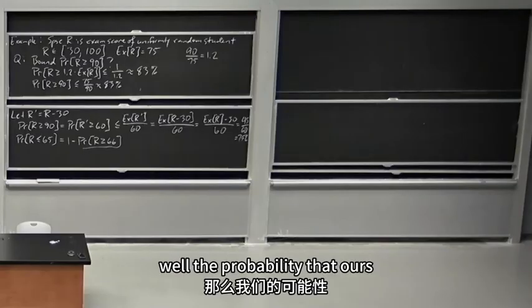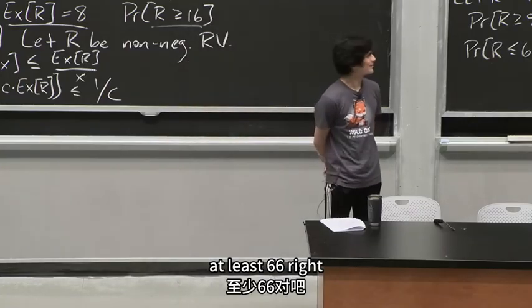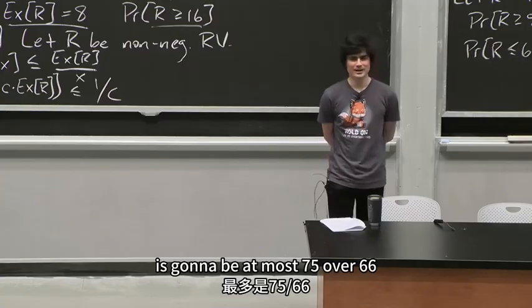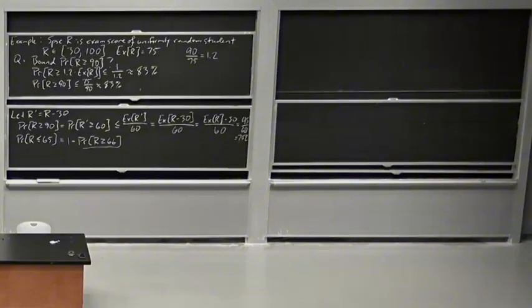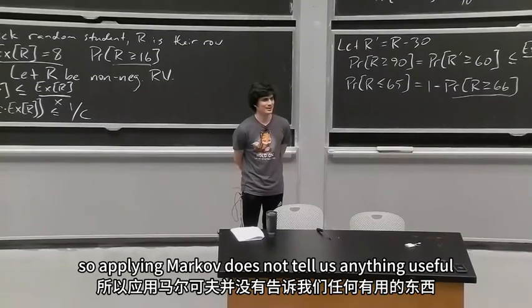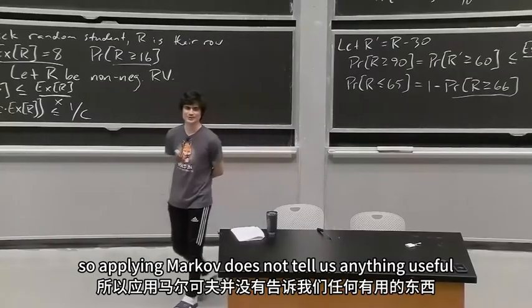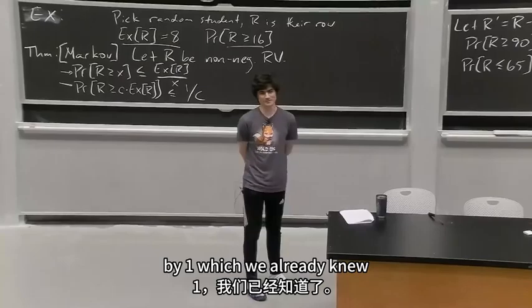Well, the probability that R is at least 66 is going to be at most 75 over 66, which is bigger than 1. So applying Markov does not tell us anything useful. It tells us that this is a probability that's bounded by 1, which we already knew.